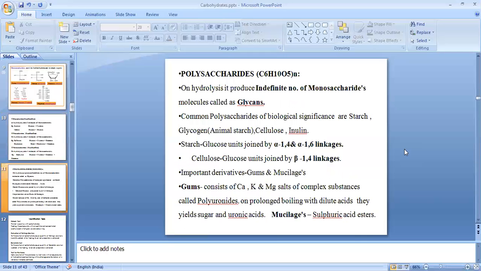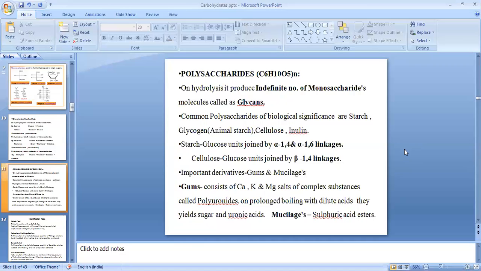And next you can see the polysaccharides, which have n number of monosaccharide units. On hydrolysis, they produce an indefinite number of monosaccharide units, and they are called glycans.